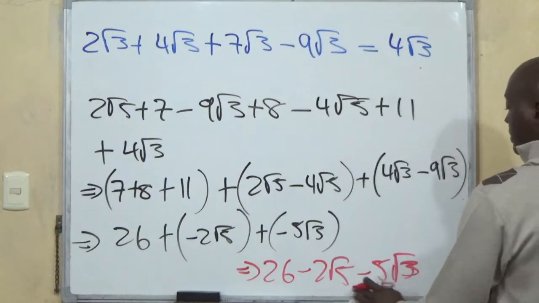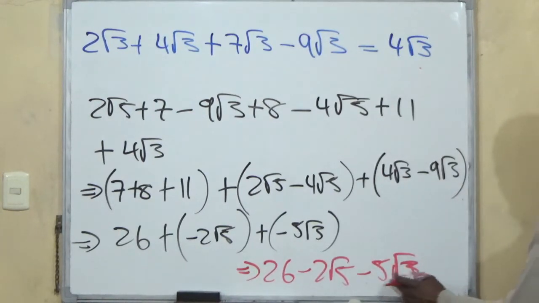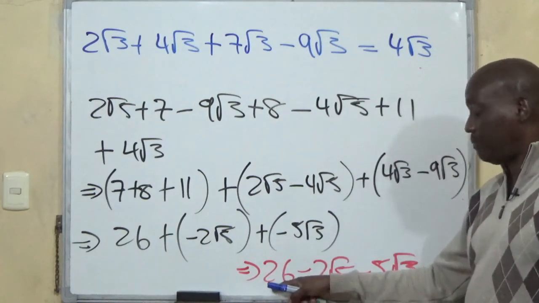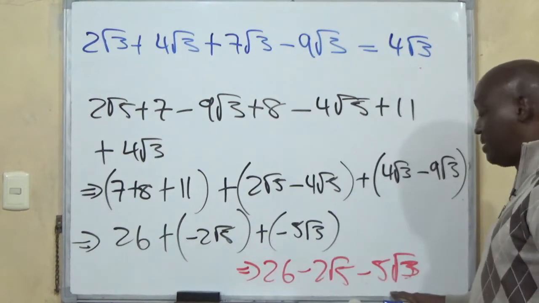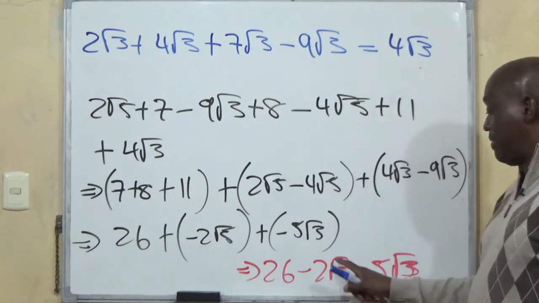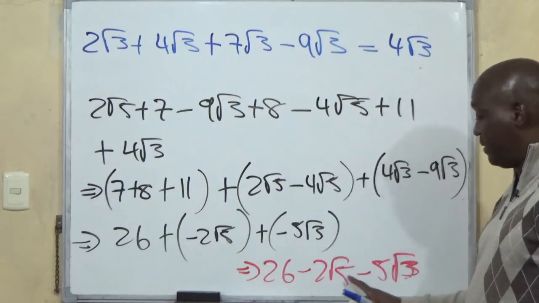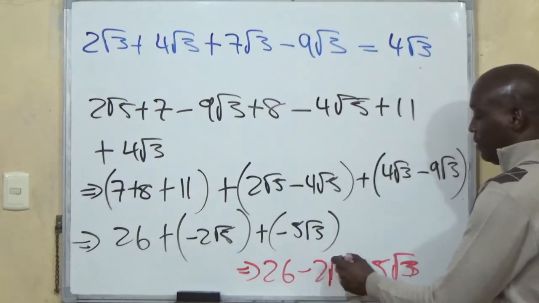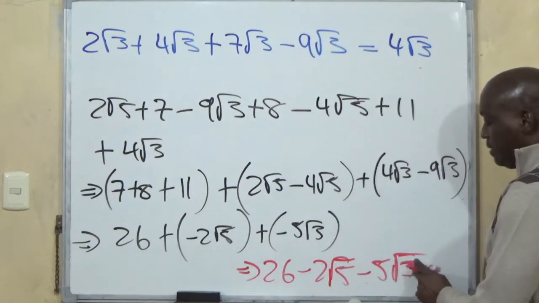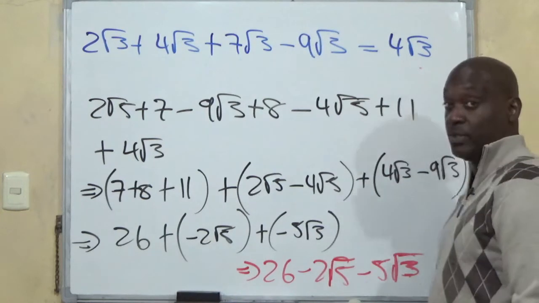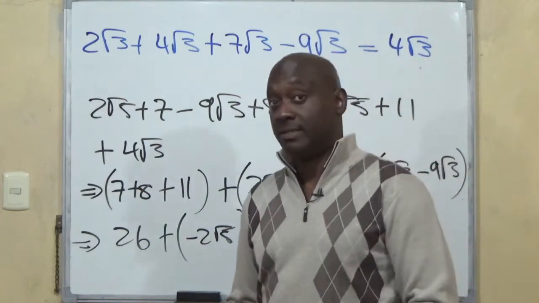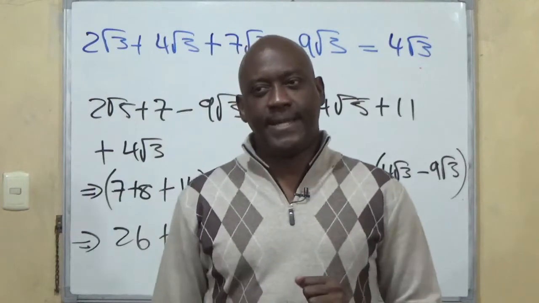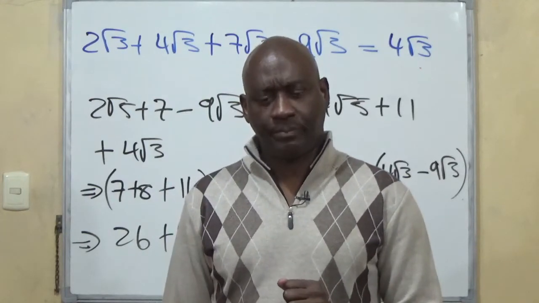Alright? This, of course, is a compound surd because you have an integer in a linear combination with two other surds. You have a surd in root 5 and you have a surd in root 3. Yeah? So if we have to add or subtract two or more surds, then the surd factor has to be the same. Let me say it again.